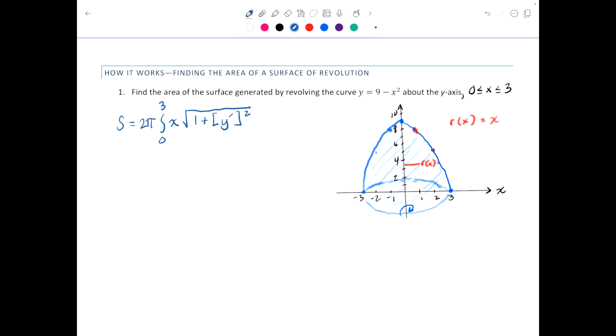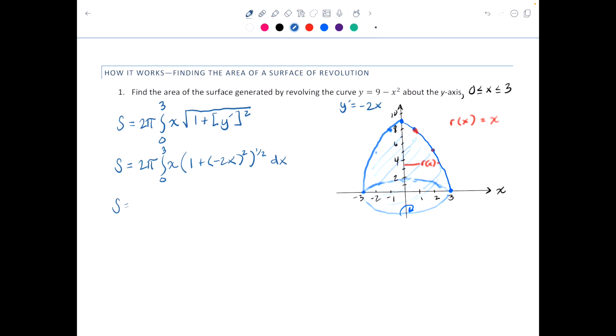But what is y prime? Y prime is just negative 2x. So we're going to get 2 pi times the integral from 0 to 3 of x times 1 plus negative 2x, the quantity squared, and then that whole deal is raised to the 1/2 dx.